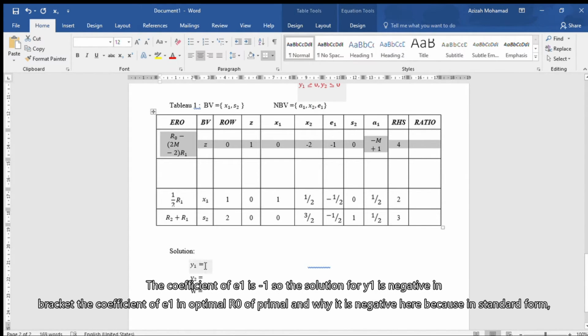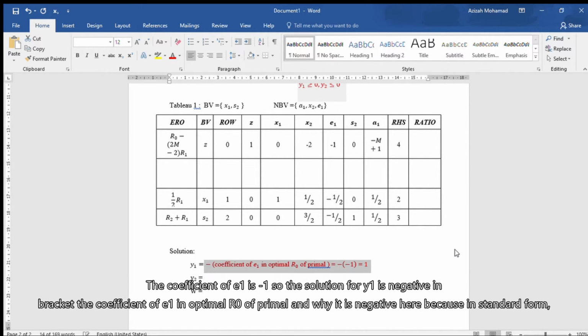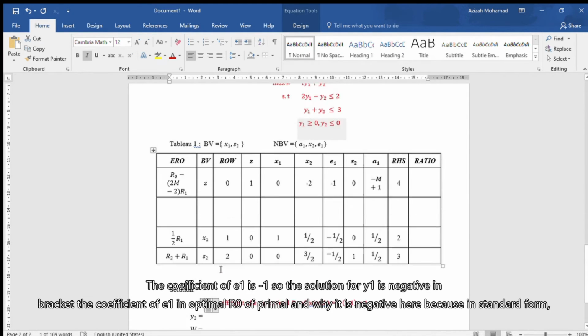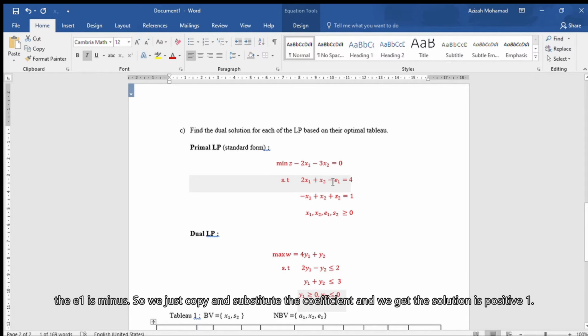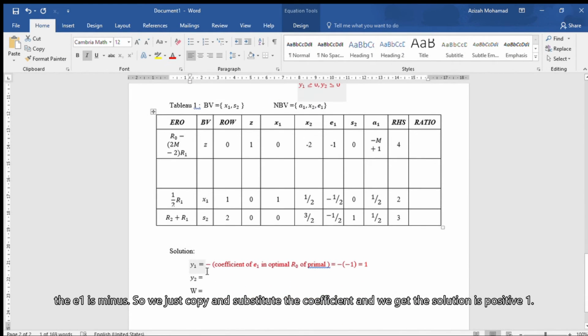So the solution for y1 is negative, in brackets, the coefficient of E1 in row 0 of the primal. And why is it negative here? It is negative because in the standard form the E1 is minus, right? So we just copy and substitute the coefficient of E1 and we get the solution, which is positive 1.